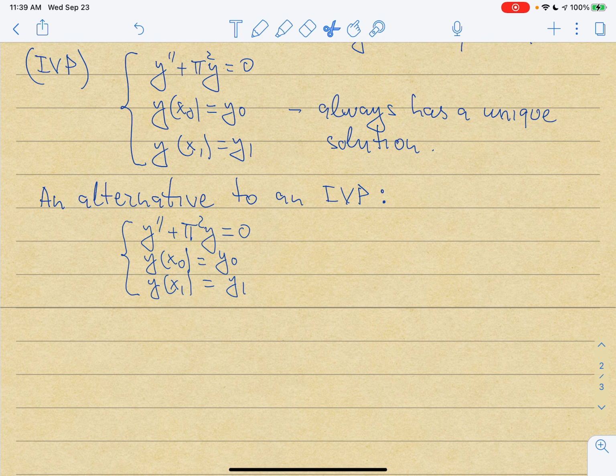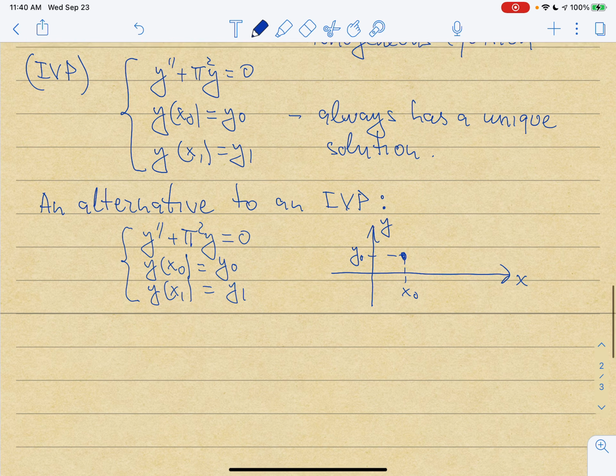So what I'm doing in this case is, let's illustrate this graphically. When I'm prescribing an initial value problem, I'm prescribing an initial point, x0, y0, and at this initial point, I'm prescribing also the slope, y prime of x, right?